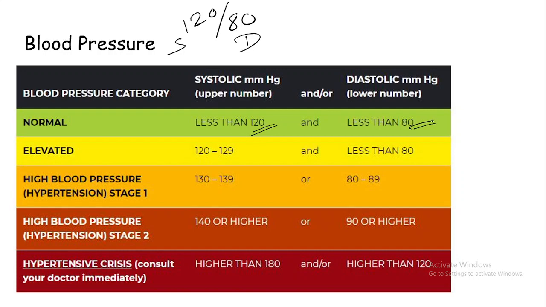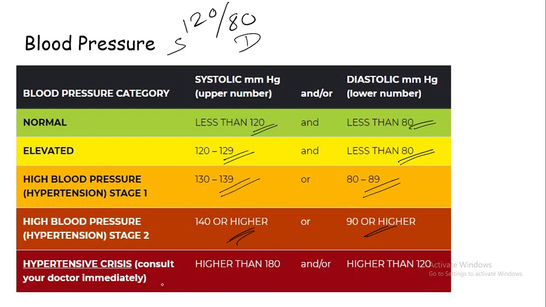This is normal. Elevated is when the systole is more and the diastole is less. High blood pressure is more than 130, or 80 to 180. High blood pressure, also called hypertension stage 2, is beyond 140, and here 90 or higher.